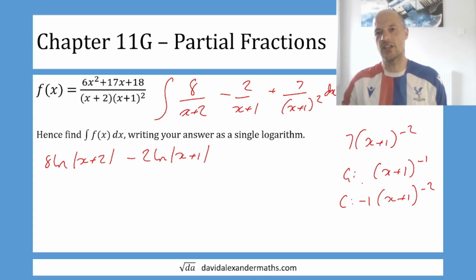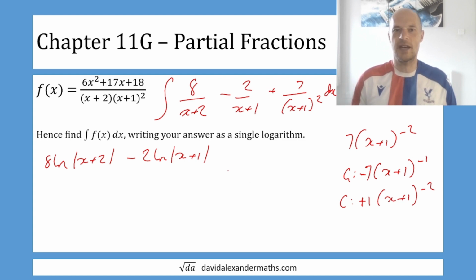So the sign's wrong, so my guess needs to be negative that, and that will turn this into a plus 1. But we wanted plus 7, so our guess was 7 times too small. So our guess needs to be 7 times greater. So there we have it. It's going to be take away 7 over x plus 1 plus the c.